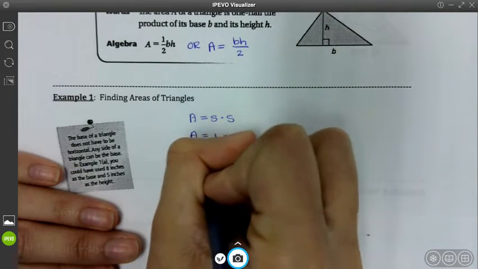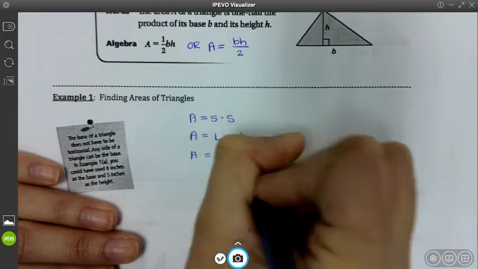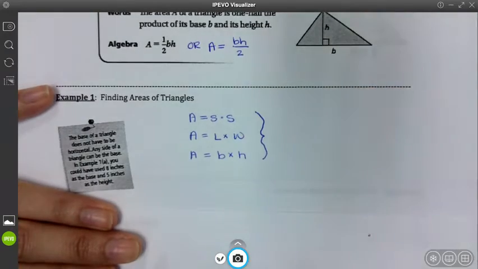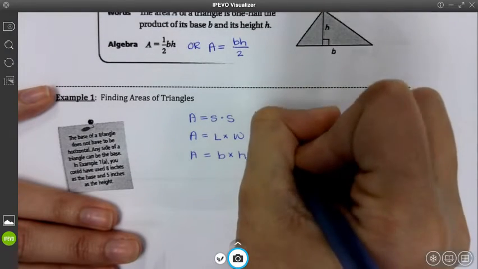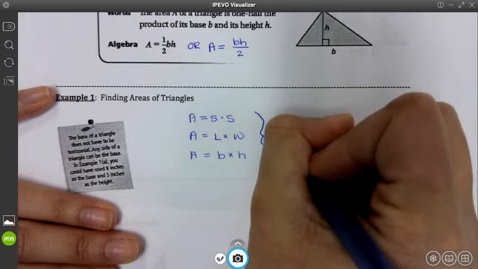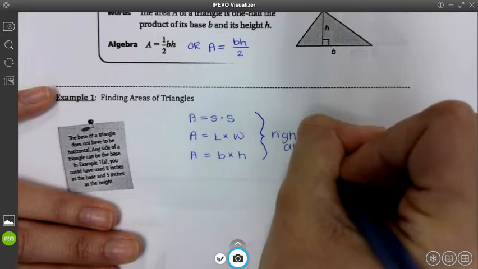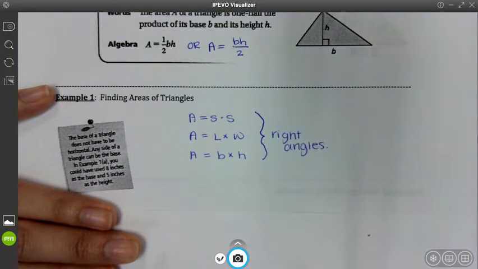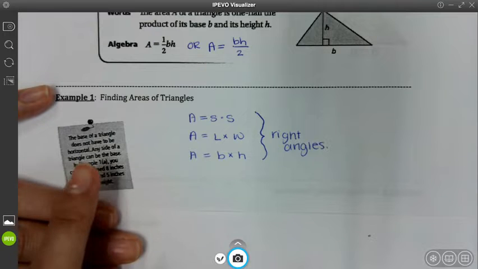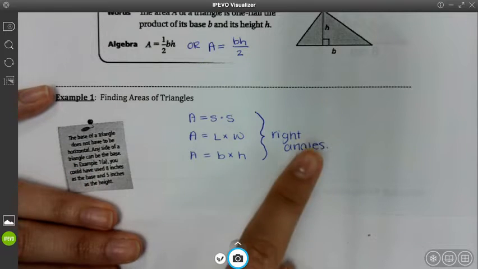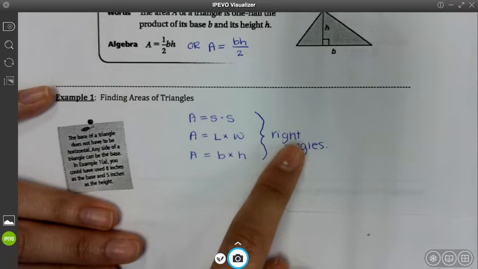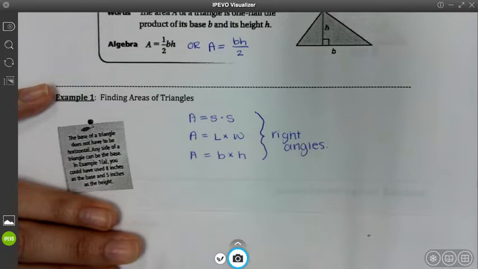And for a parallelogram, we multiply the base and the height. What they all have in common is that they form right angles. So the same thing applies to a triangle. The base does not have to be the bottom. It just needs to be a side that is perpendicular, which means right angle, to the height.